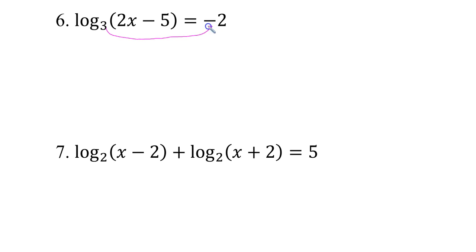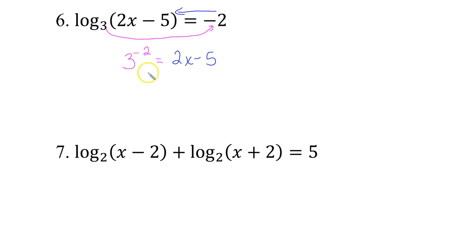We can take 3 to the negative second power. So our exponential form would be 3 to the negative second is equal to, and then we go back across our equal sign, 2x minus 5. Or you can think of this as y, this is b, and this is x.